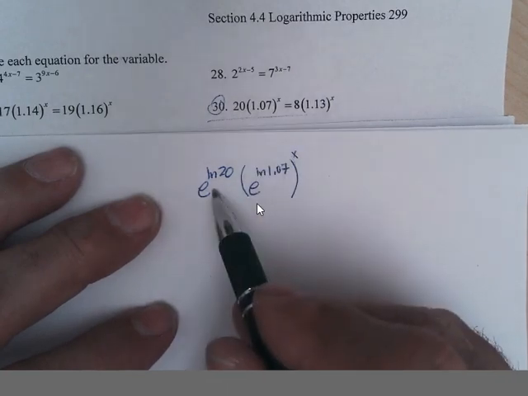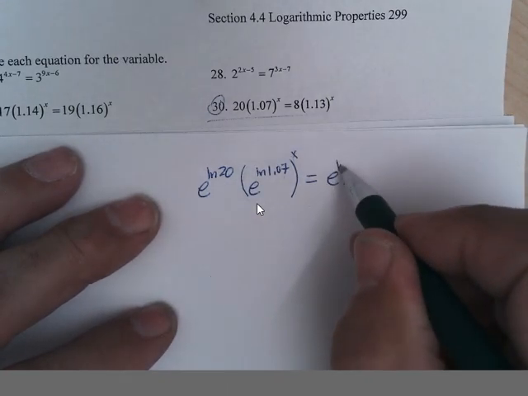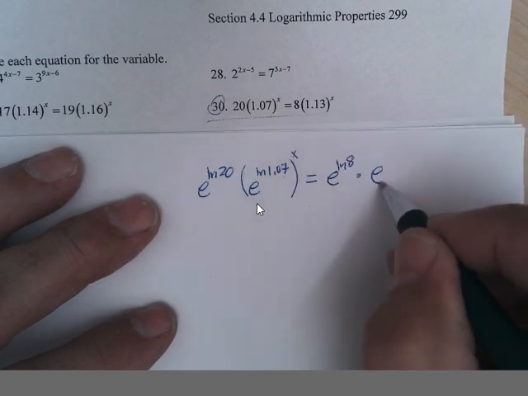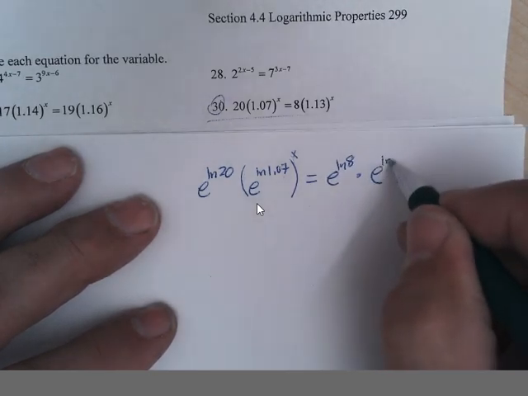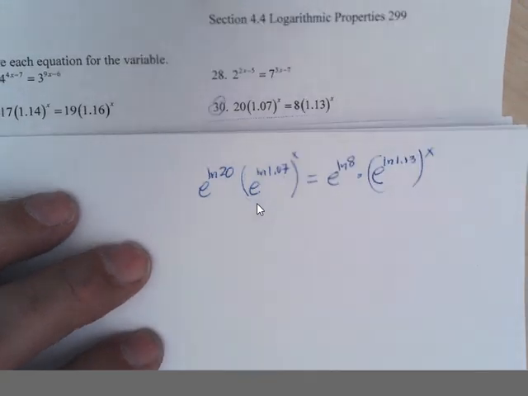This was not to anything, so it's just that. Equals 8 is e to the ln 8 times e to the ln of 1.13, and that is to the x.